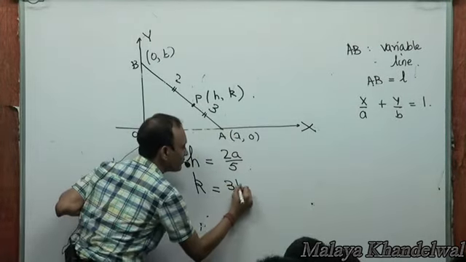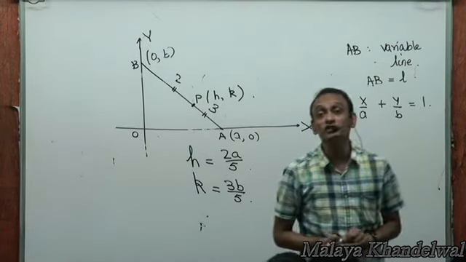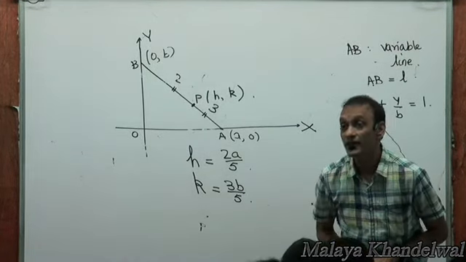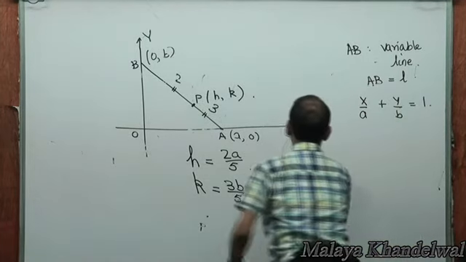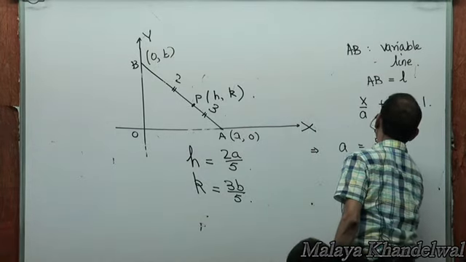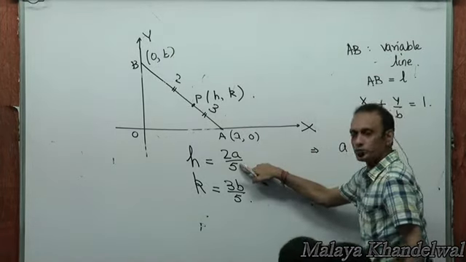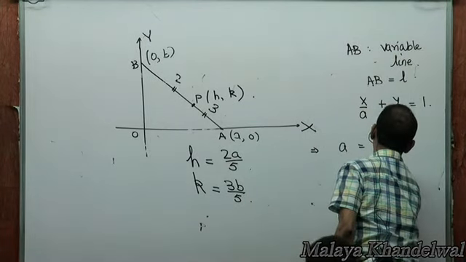So 3b by 5. And I'm certainly not enjoying the presence of a and b. I want to eliminate a and b. Now, this would mean a is 5h by 2 and b is 5k by 3. Yes or no?